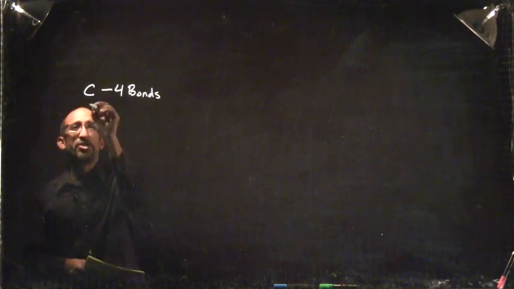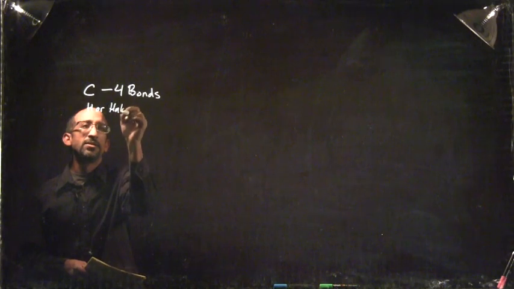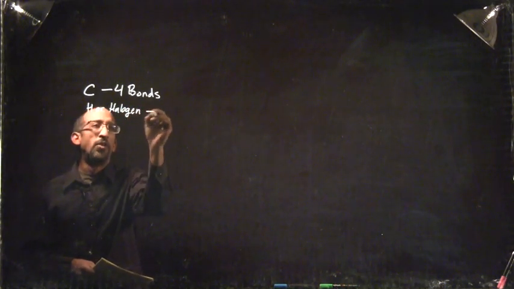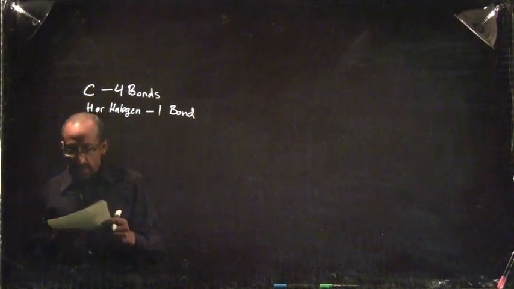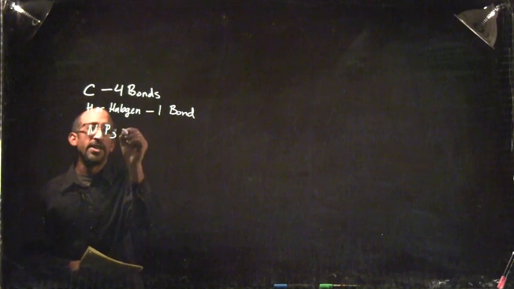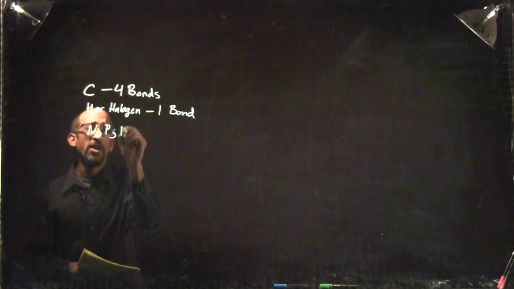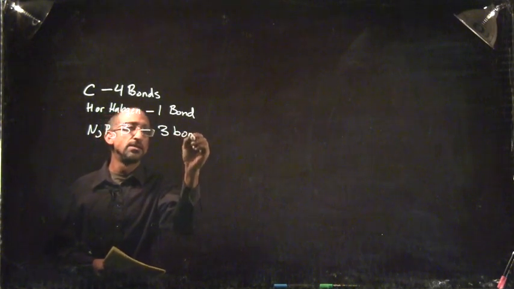We have hydrogen or halogen will form 1 bond, right? Nitrogen, phosphorus, and I'm going to throw it in here just so that you're aware, and boron all form 3 bonds.